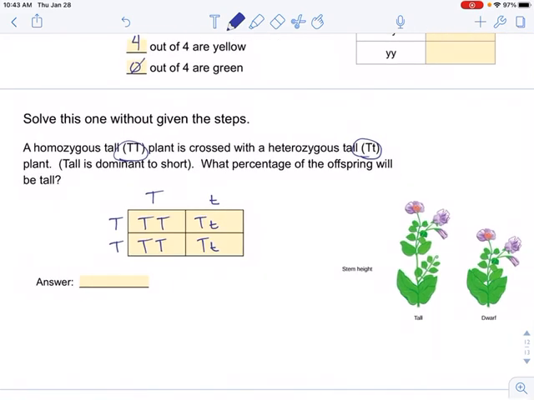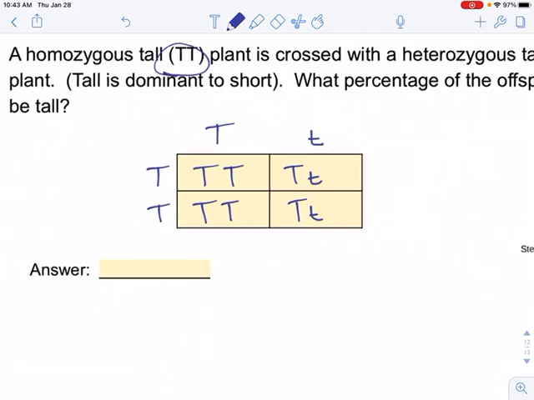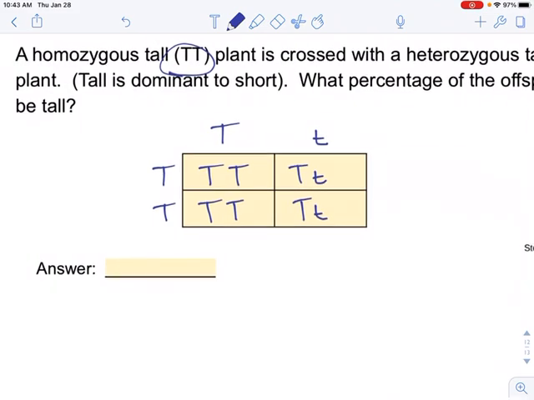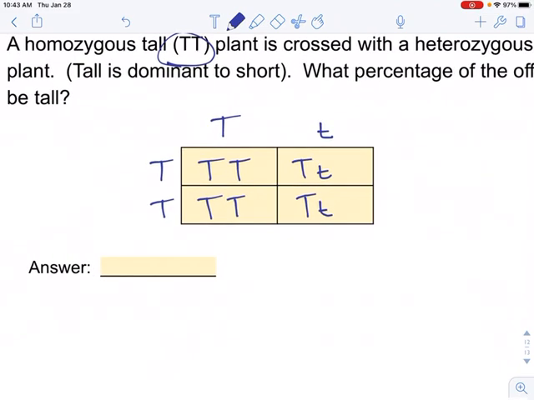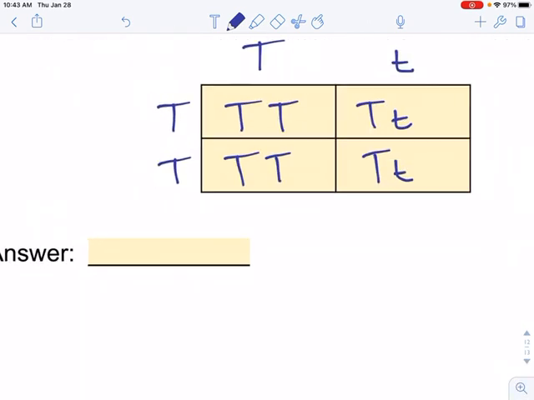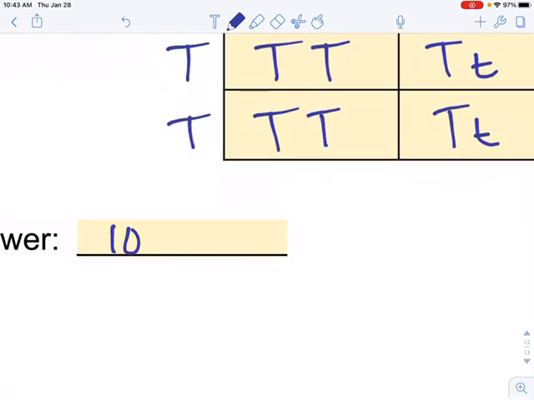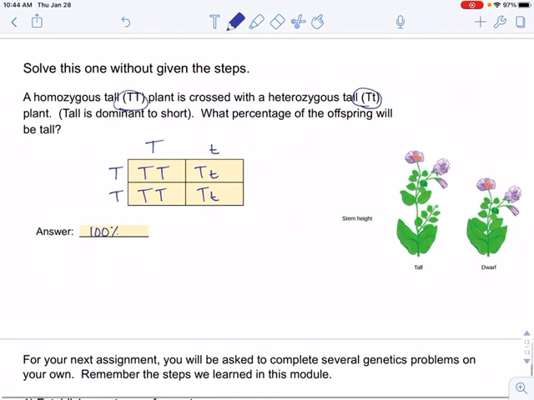So the question is, what percentage of the offspring will be tall? Hopefully you see here that every single box contains a dominant allele, which means every offspring will be tall. So 4 out of 4 is 1 times 100%, which would be 100% of the offspring are expected to be tall.